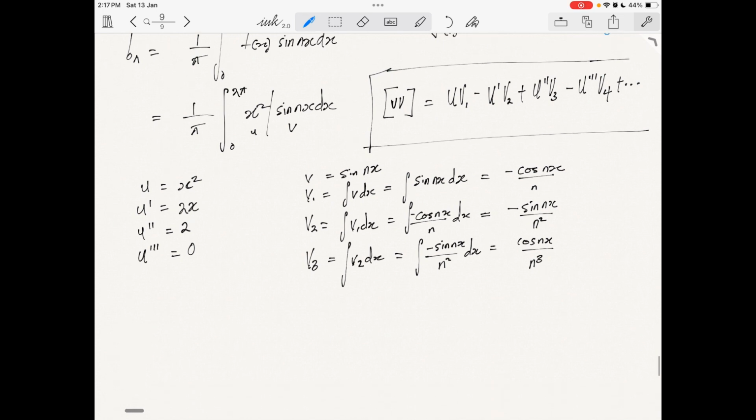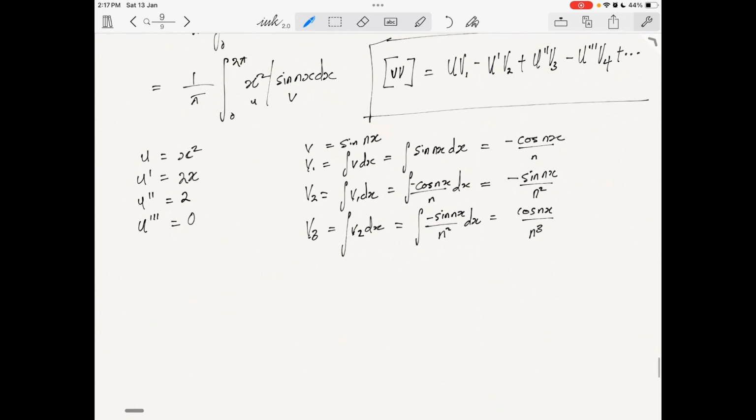Now, having understood this, we can go on and evaluate bn to be equals to 1 over pi.